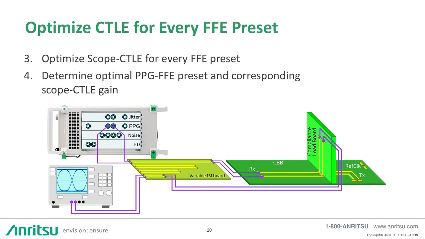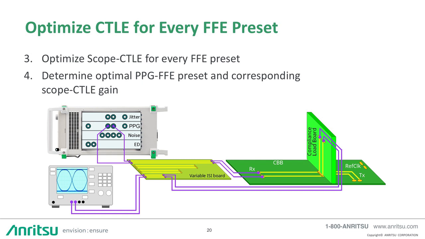The output of the variable ISI board is then connected to the compliance baseboard. The output of the compliance baseboard is connected to the 9 decibel loss channel of the variable ISI board in order to emulate the add-in card's worst-case loss. The 9 dB channel output is connected to the oscilloscope input.